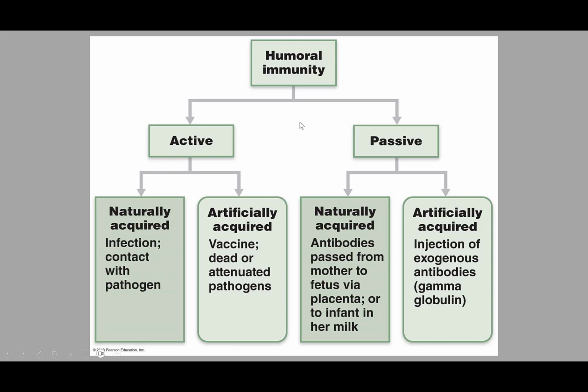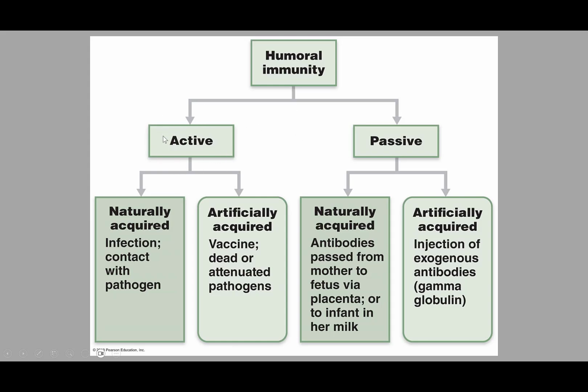Now, when we talk immunity, specifically humoral immunity, there's different ways that our body builds this type of immunity. It could be active or passive. The difference in the two is which organism made the antibodies against the pathogen that we're talking about.